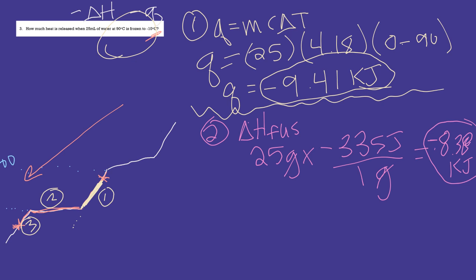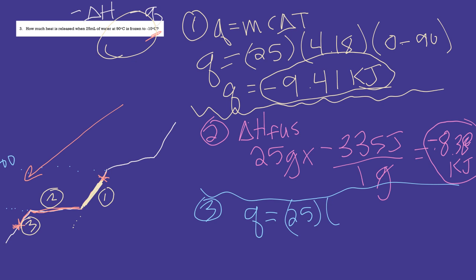All right, we can't stop there. We have to keep going. So for segment number 3, we also have a temperature change. So we also can use Q equals MC delta T. Q equals, our mass is still 25 because we still have the same amount of substance. We have to be careful here because we have to use the specific heat of solid water, which is ice. And when we do the temperature change, again, we're only doing the temperature change for this segment.